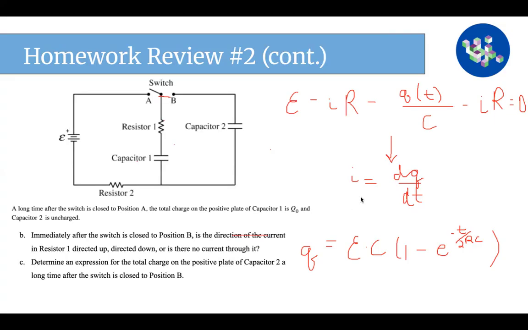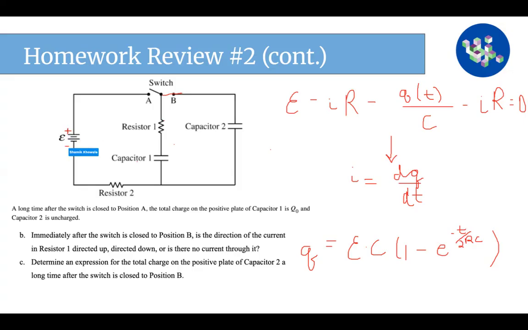Now in parts B and C, this is for a long time. It's been at position A, and now we're switching to position B. What is the direction of the current? To tackle these types of problems, just think about what happens to the charge in the first case. In the first case, this side of the battery is plus and this side is minus.